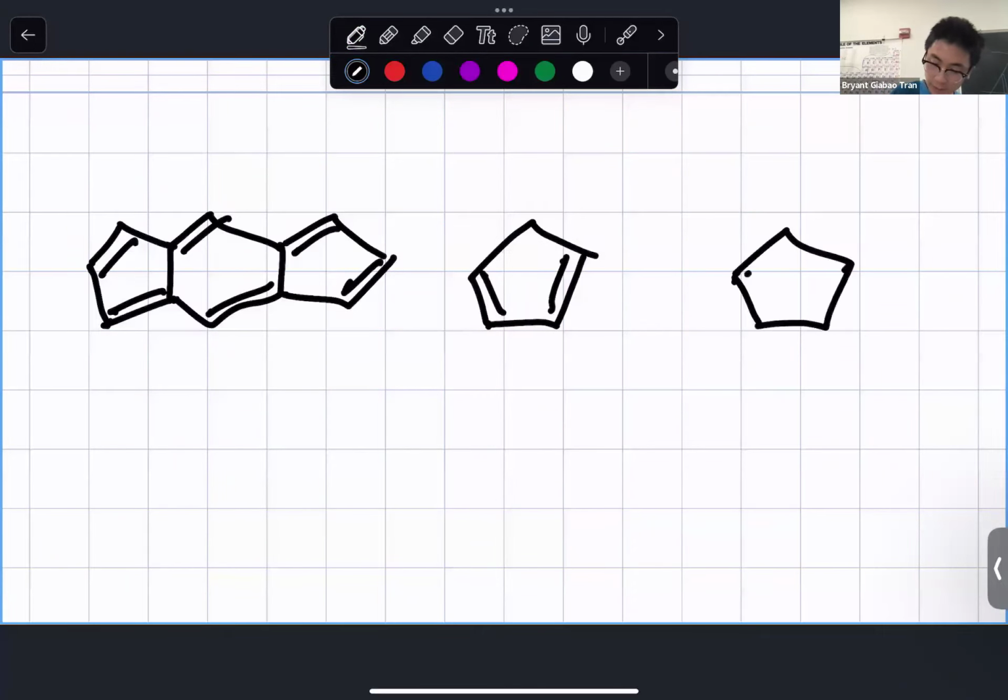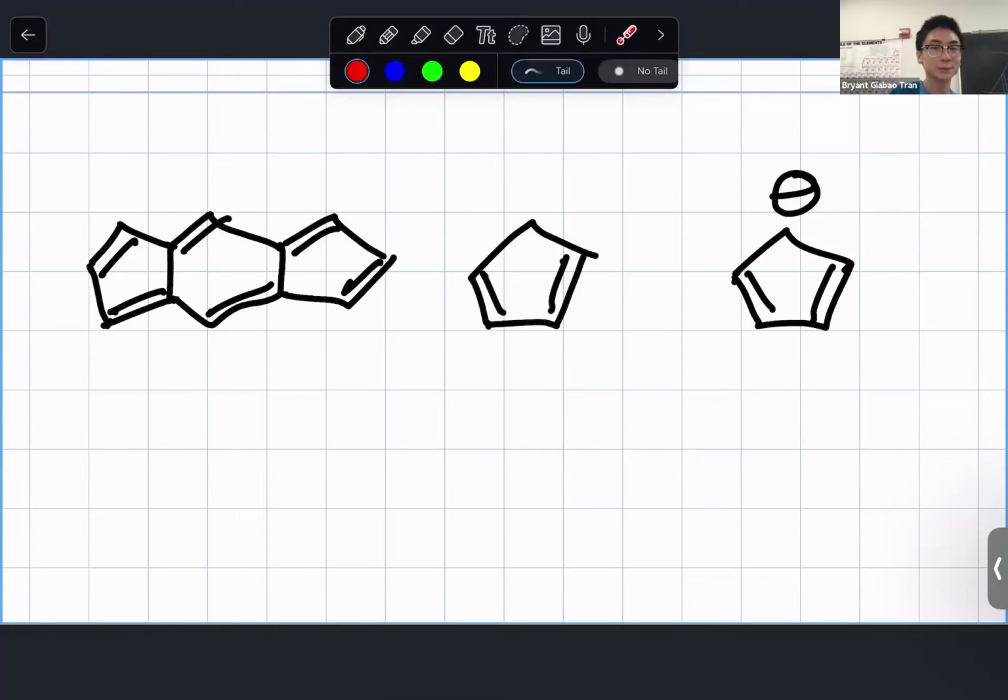And on the exam, he will most likely not give you the lone pairs of electrons. He'll just put like neutral or negative charge, where you have to assume that there's lone pairs there. And to do that, you have to be familiar with formal charges on atoms.